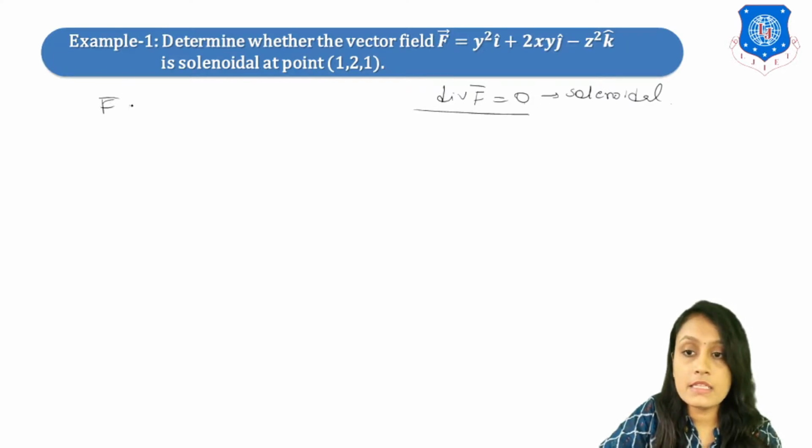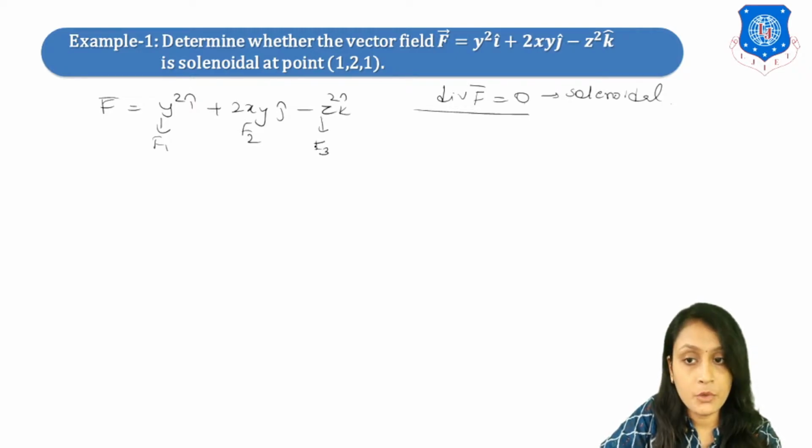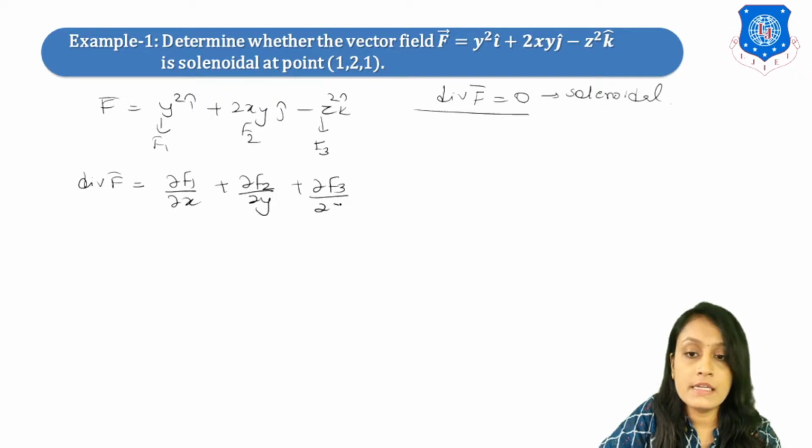So f bar is given, this is y square i plus 2xy j minus z square k. This is your f1, this is your f2, and this is f3. Now divergence of f bar is what? Del f1 by del x plus del f2 by del y plus del f3 by del z.